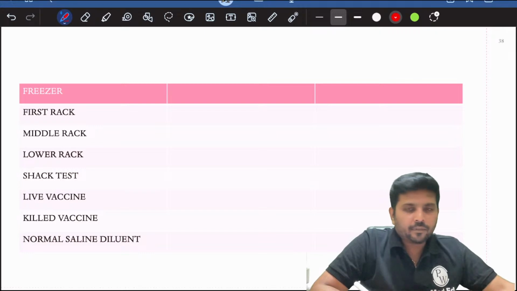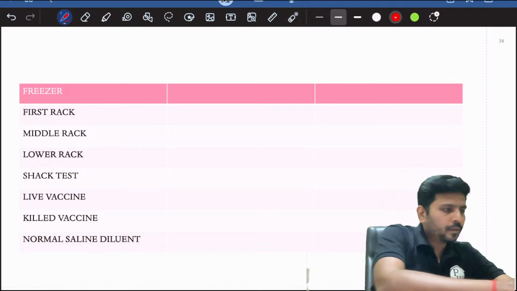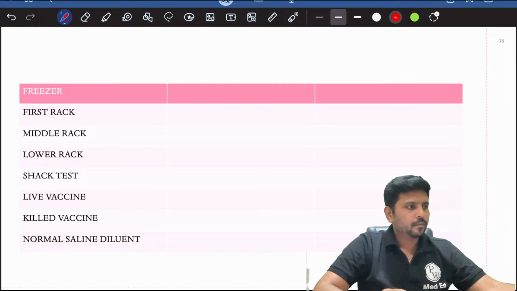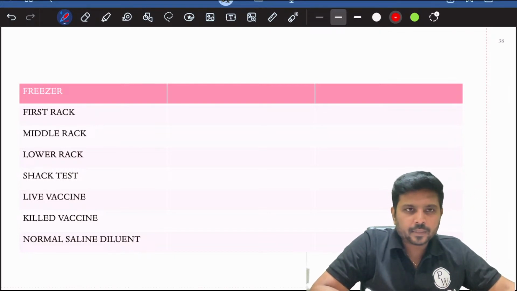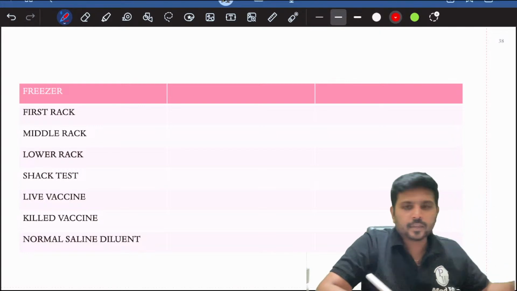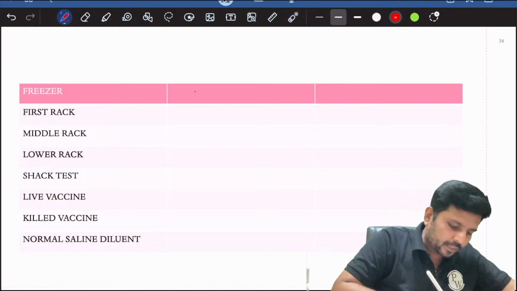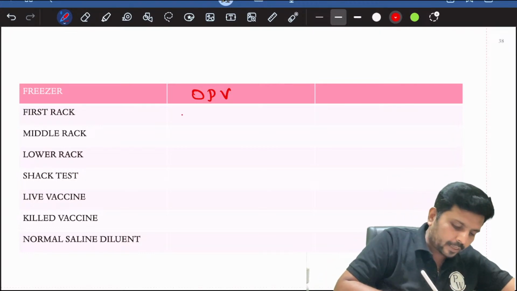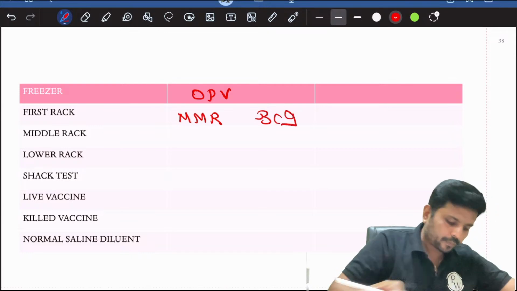What are all the vaccines that you keep in the freezer? The only vaccine that will be kept in the freezer is OPV. In the first rack, you will keep MMR and BCG.